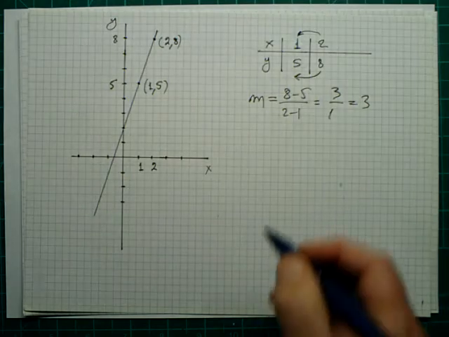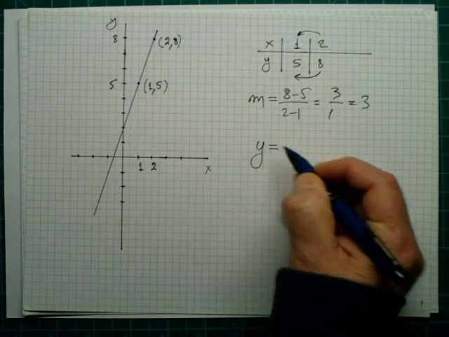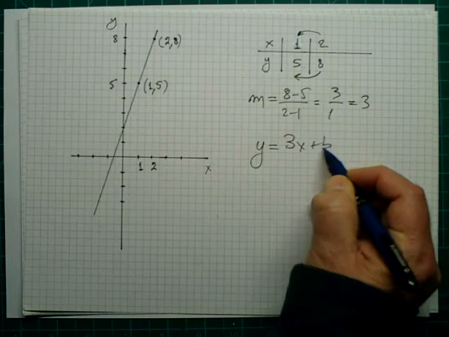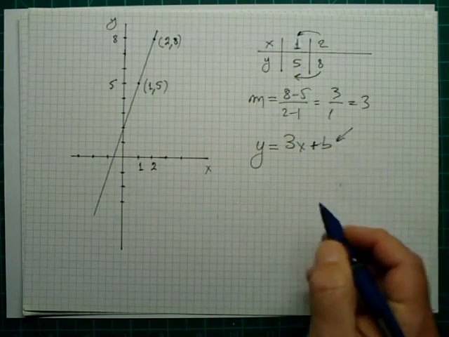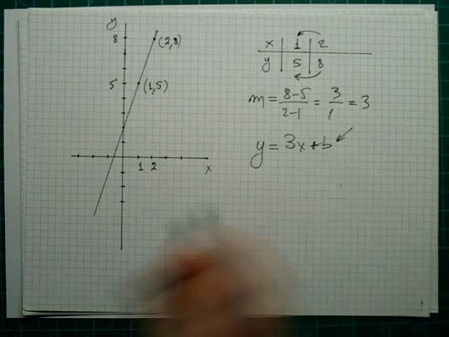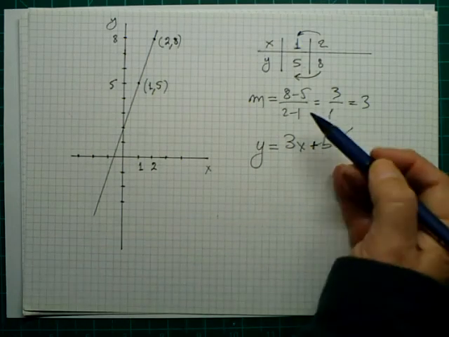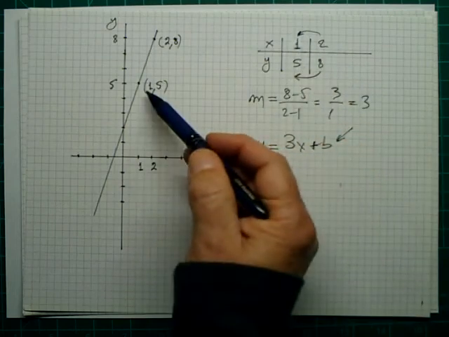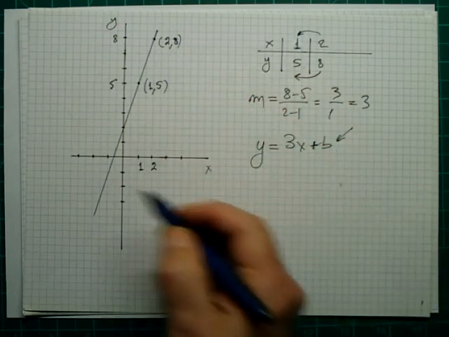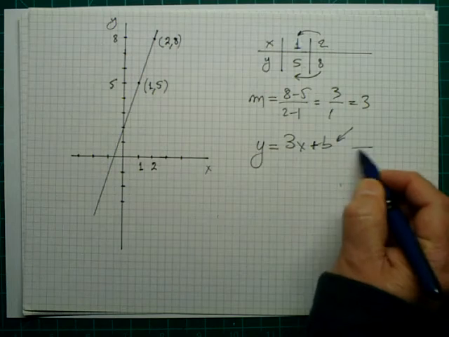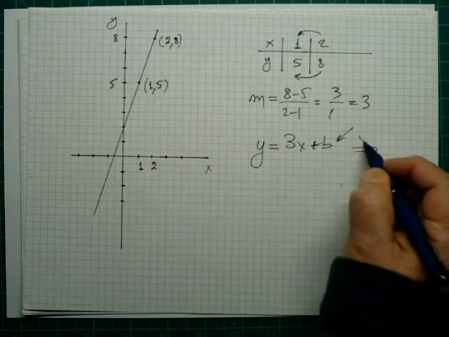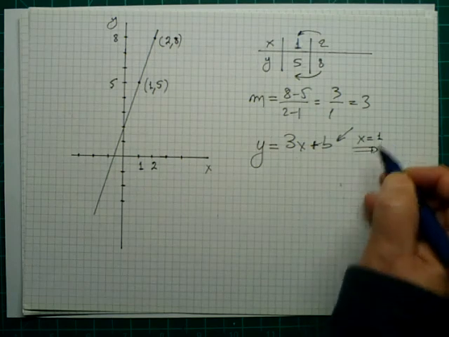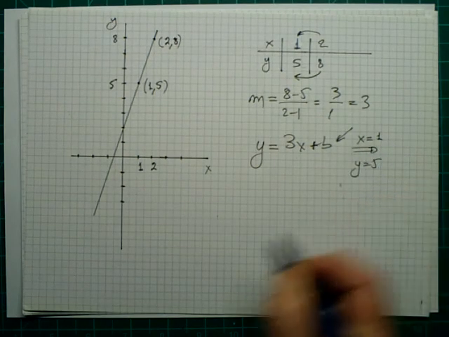Now, we know that the equation is y equals 3x plus b. What we have to do next is to find this number b. We can substitute this or that point in this equation. I choose the easier one, which is the point 1, 5. x is 1, y equals 5.